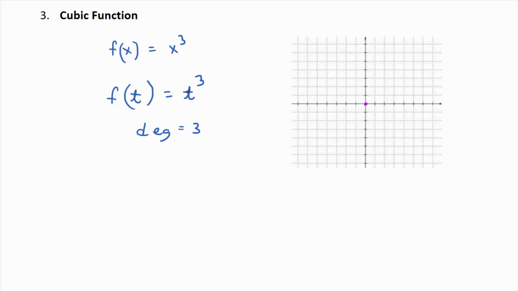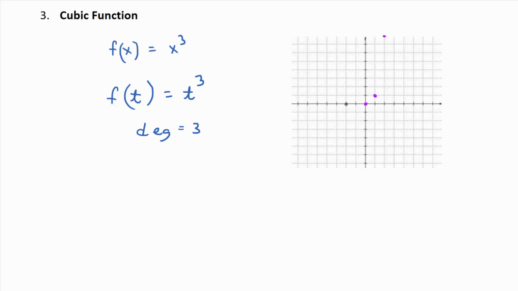If you plug in 1 and cube 1, the output is 1. If you plug in 2 and cube it, 2 times 2 times 2 is 8. So go up here, 1, 2, 3, 4, 5, 6, 7, 8 would be up here. So an input of 2, cube it, you get an output of 8.